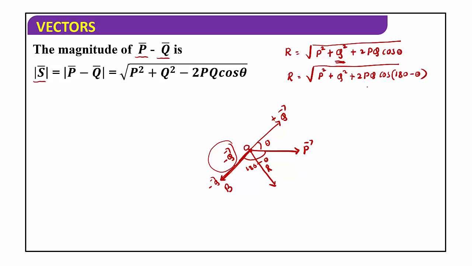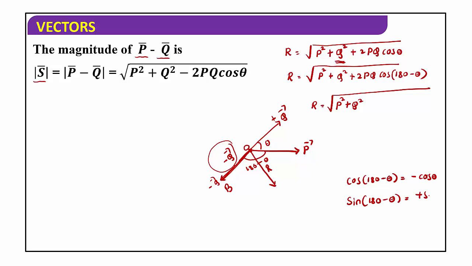Cos of 180 minus theta, or we can write R equal to square root of P square plus Q square, keep as it is, 2PQ cos of 180 minus theta. We know that cos of 180 minus theta equal to minus cos theta, and sin of 180 minus theta equal to plus sin theta.